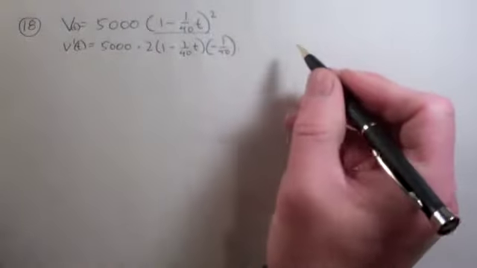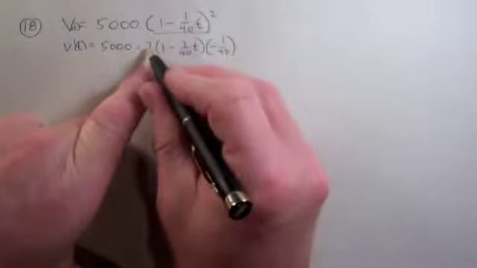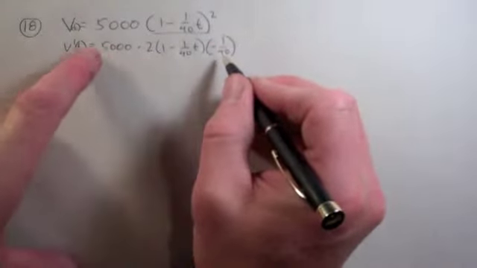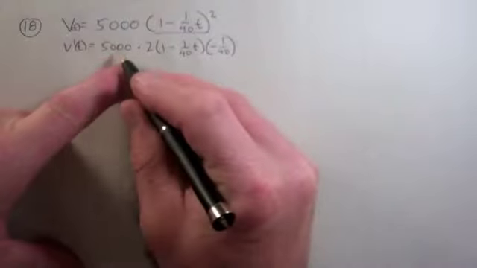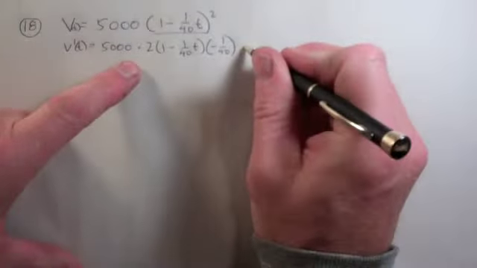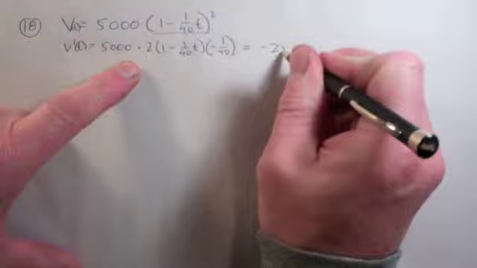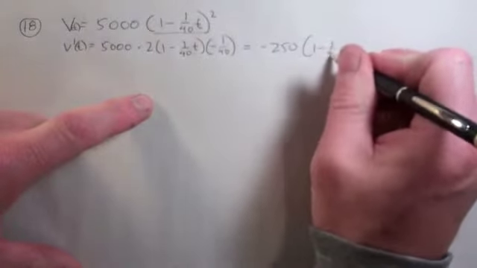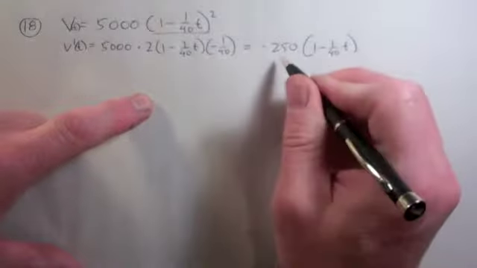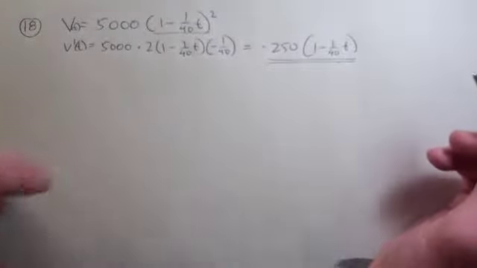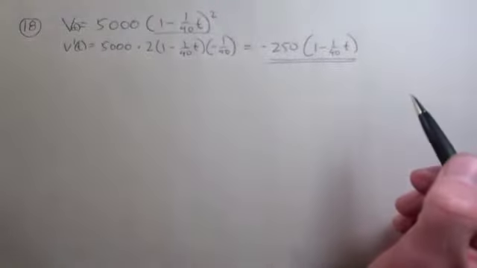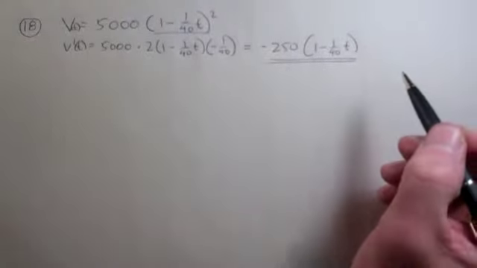If we do some cleaning up, 2 times negative 1/40th is negative 1/20th. Cancel a 0: 1/2 of 500 with the negative sign is negative 250, then times 1 minus t over 40. So that is the rate at which water is flowing out. You can plug in different values. I think that's what they ask you to do, so you can see how that works.